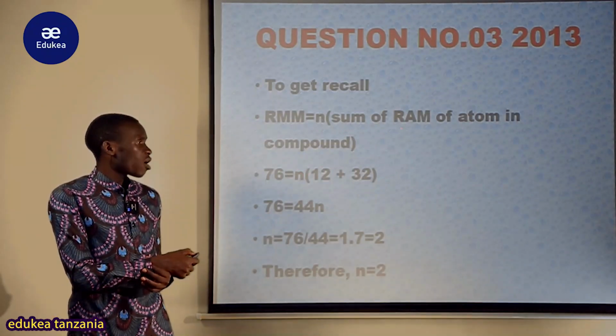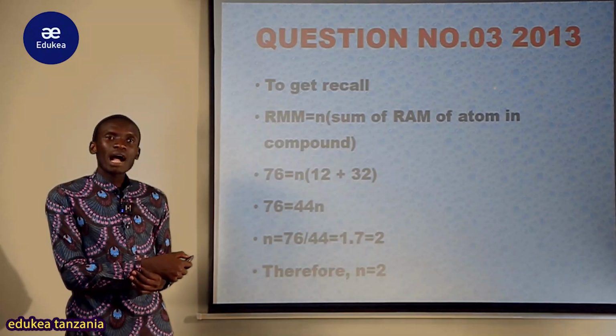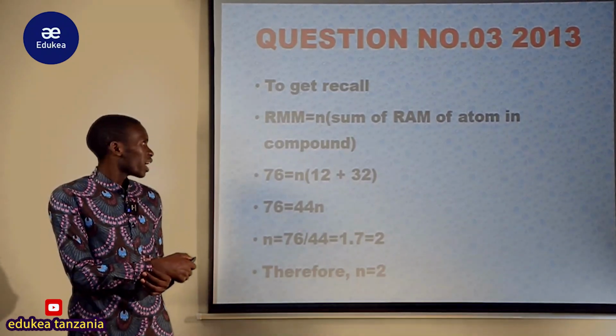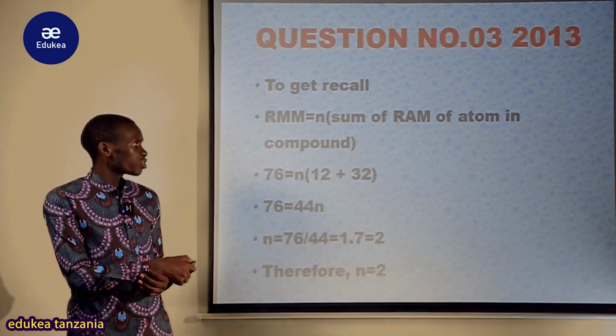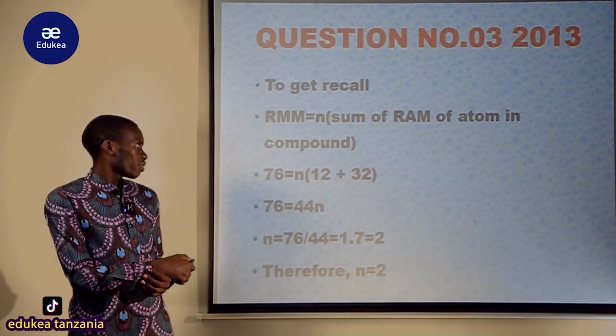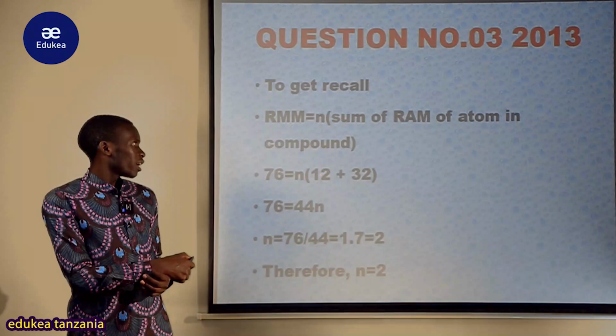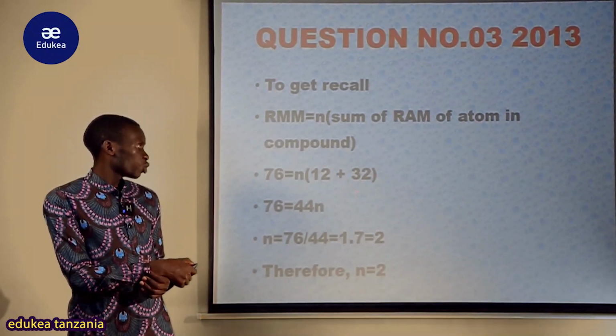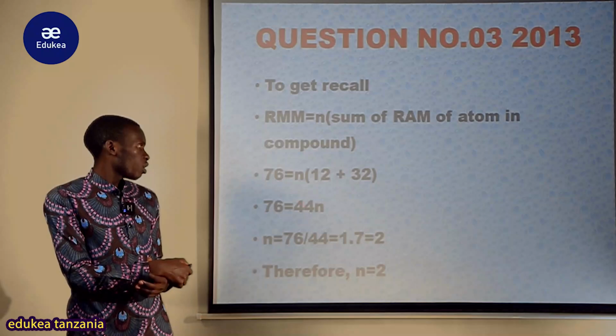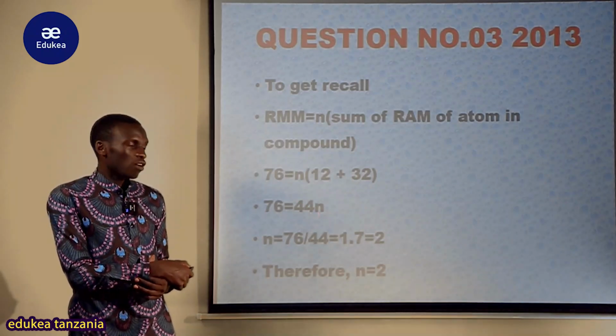For a compound made by carbon and sulfur, the relative atomic mass of carbon is 12 and the relative atomic mass of sulfur is 32. Then you take n bracket 12 plus 32. 12 plus 32 is equal to 44n.